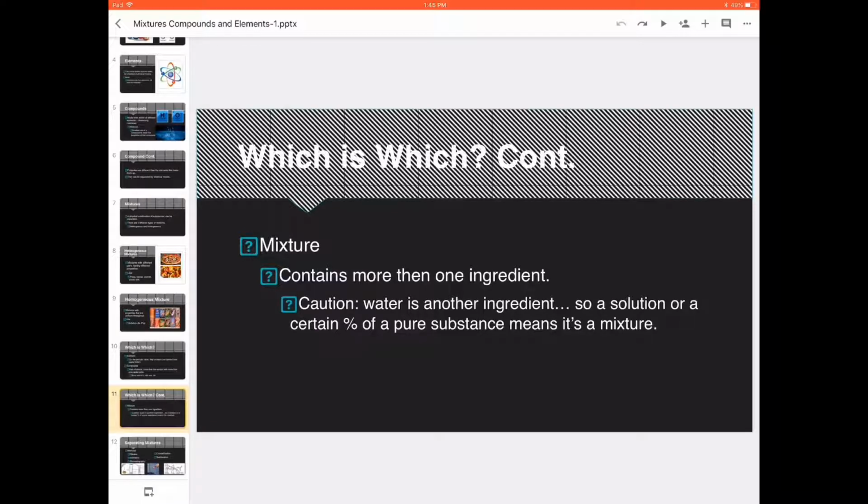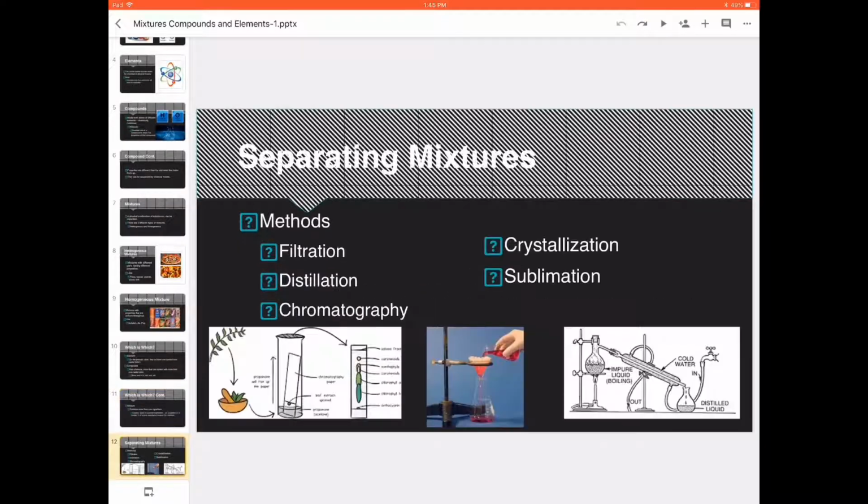Your hydrogen peroxide, typically you buy it at about 3% at home, and that means it's made 3% up of H2O2, which is hydrogen peroxide, and 96% water. So be on the lookout for those because it is very, very important.